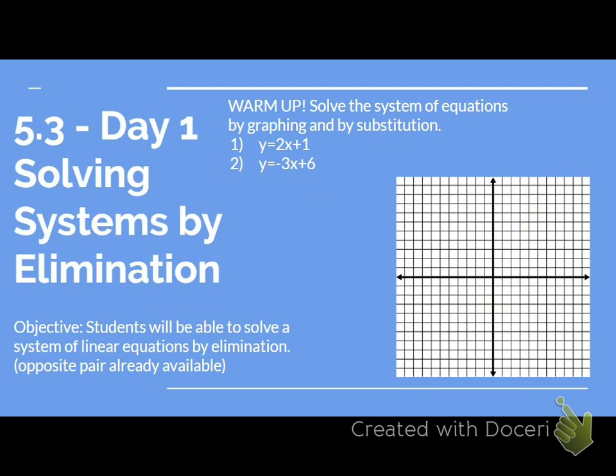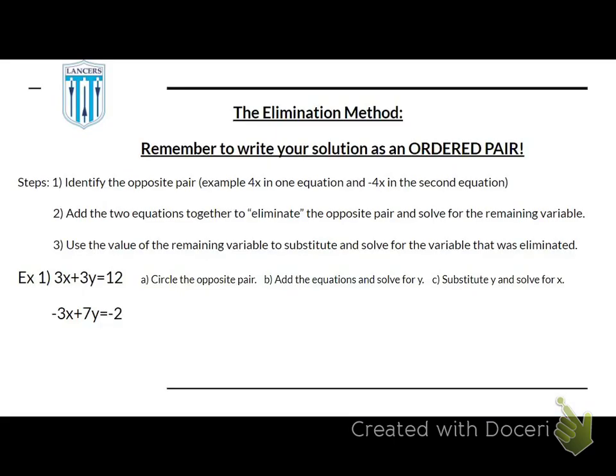So that might be a little tricky, but we do need to get through today's notes before we do anything else with yesterday's quiz. Sorry that this is a little small. I'll try to read along and underline what we need. Okay, so this is the elimination method. You've got that big bold note to remember to write your solution as an ordered pair. Same goes as we've been doing.